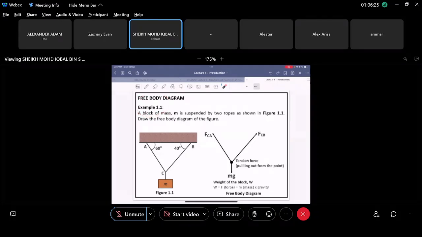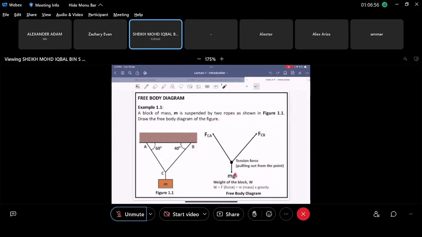Okay. So a block of mass m here is suspended by two ropes as shown in figure 1.1. Draw the free body diagram of the figure, right? So this one is the figure, right? It's a bit hard to analyze it because there's a block here and there's ropes here, there's slabs here and so on, right? So what you can do to simplify it, you can make it into a free body diagram here.